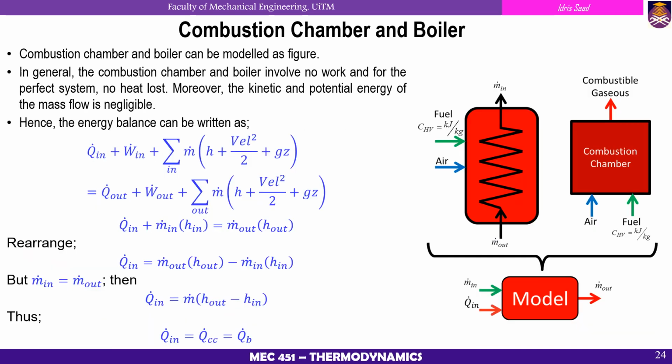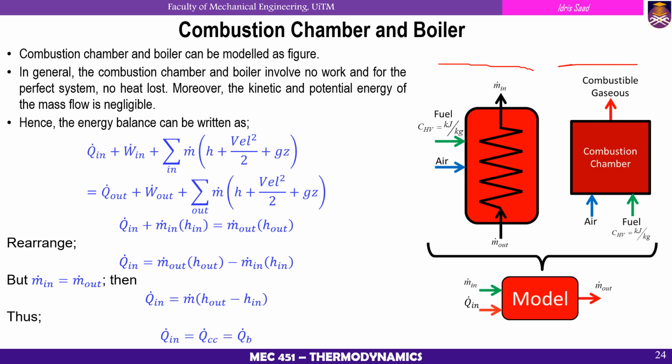The combustion chamber and boiler can be modeled as in the figure aside. This is the model of the combustion chamber, and this is modeled as the boiler. As you can see in that figure, both combustion chamber and boiler require fuel and air as input parameters, and combustion will occur in the combustion chamber and in the boiler.